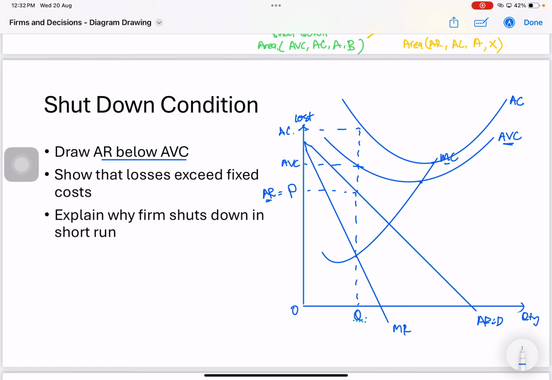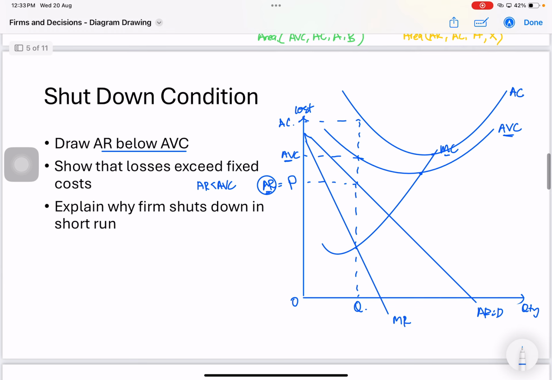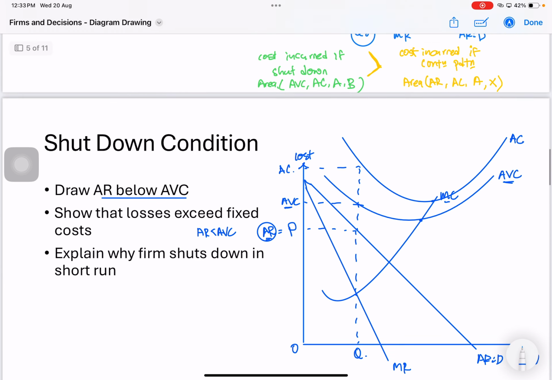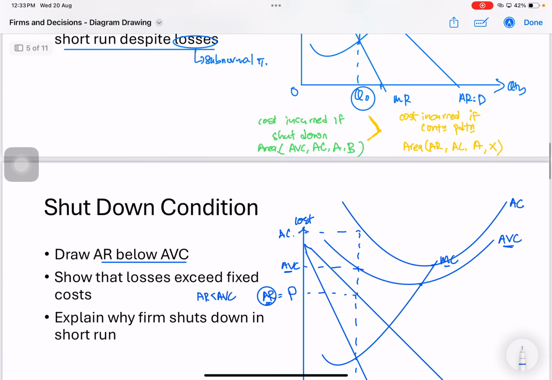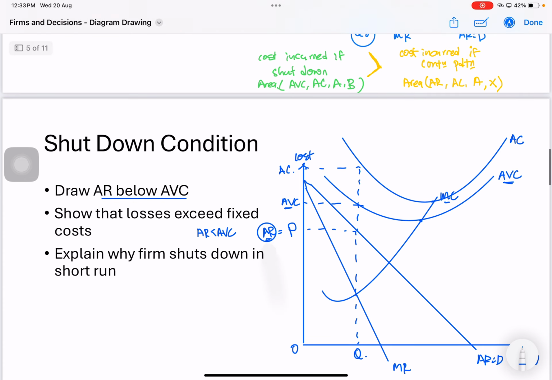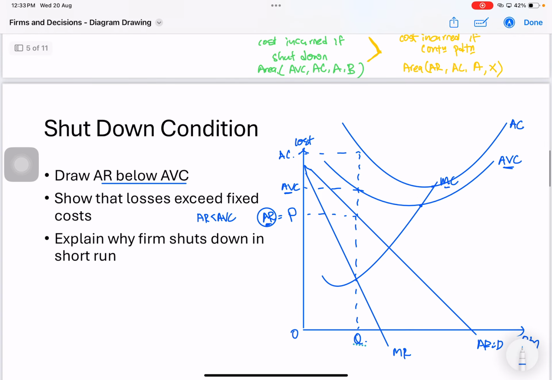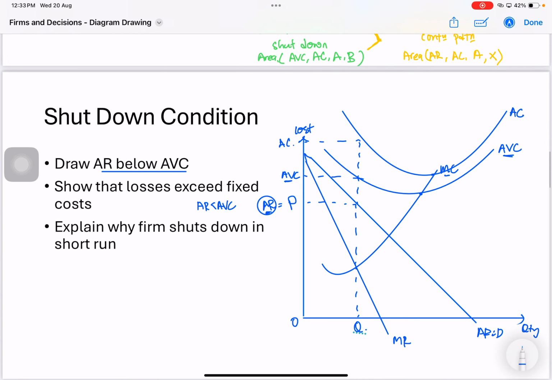Okay, so my AR is below AVC. So AR is less than AVC, shut down. Then you need to analyze why you want to shut down because of the cost incurred. So it will be the same as what we mentioned here. Currently, the revenue can't even cover the average variable cost. So shall we do the same thing? Cost incurred if shut down.